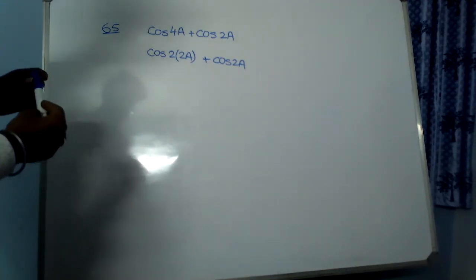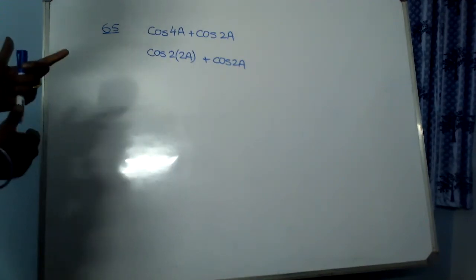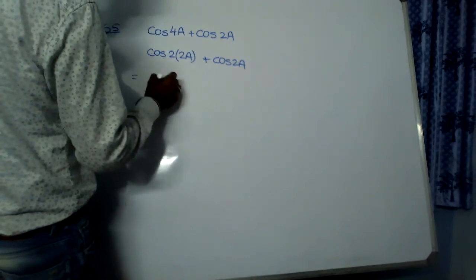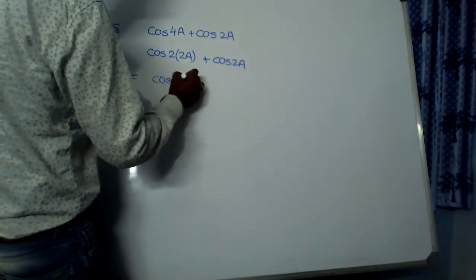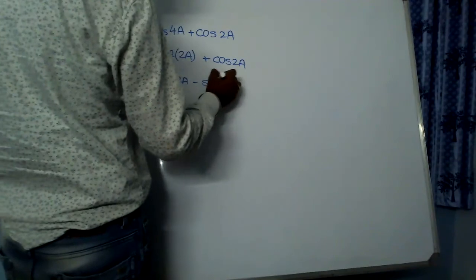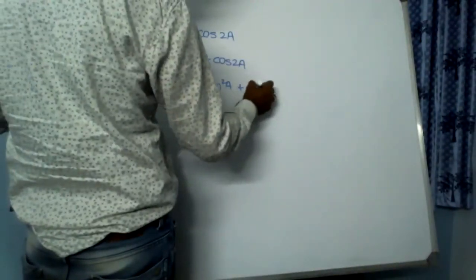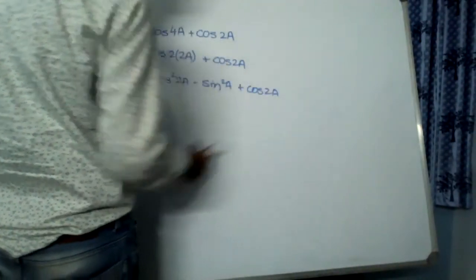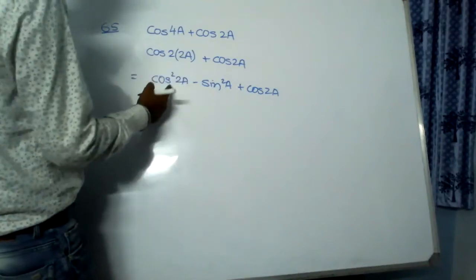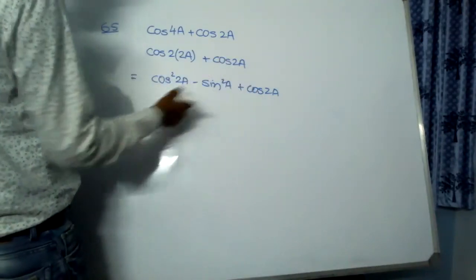Okay, let's see. No, it's cos 2 theta. Let's see where it ends up. If it ends up well, that's fine. If it does not end up well, we can check with the options. So this is what I'll get. Cos 2 theta is cos square theta minus sin square theta. This part I've written as it is.